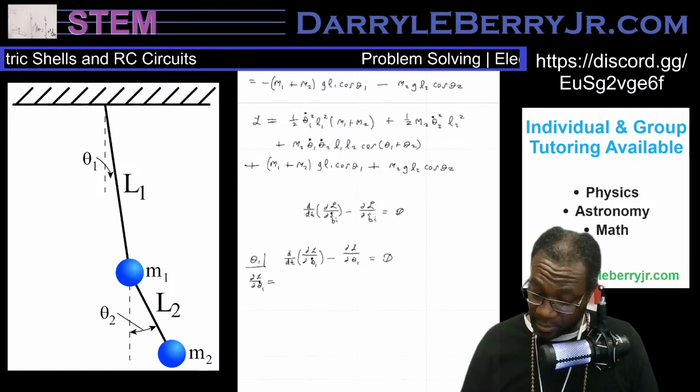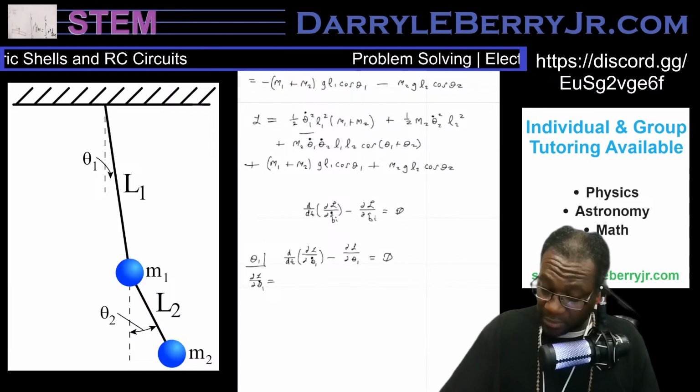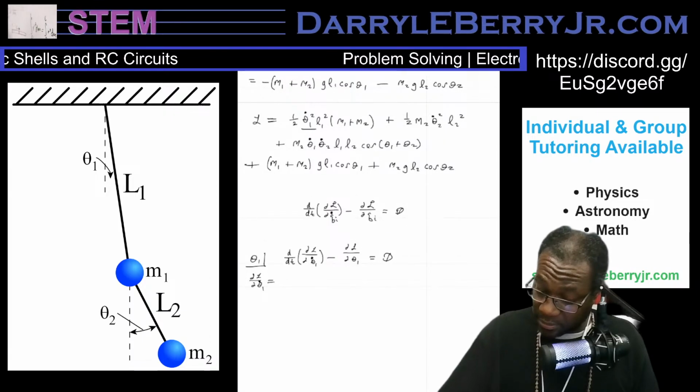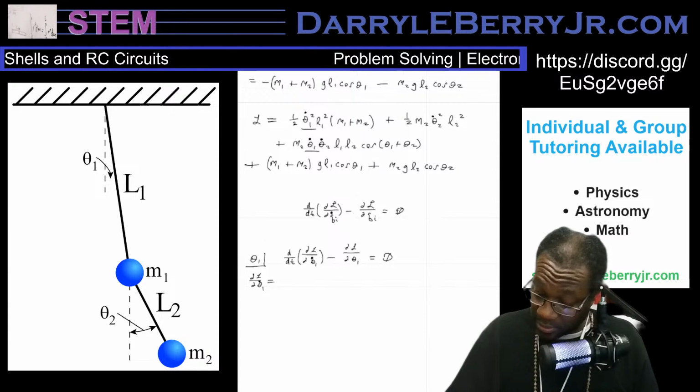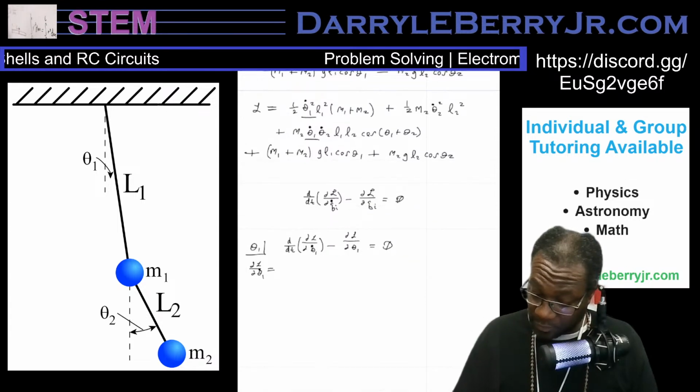That's our Lagrangian there. So I'm going to find all the theta 1s, theta 1 dots, and take that derivative.